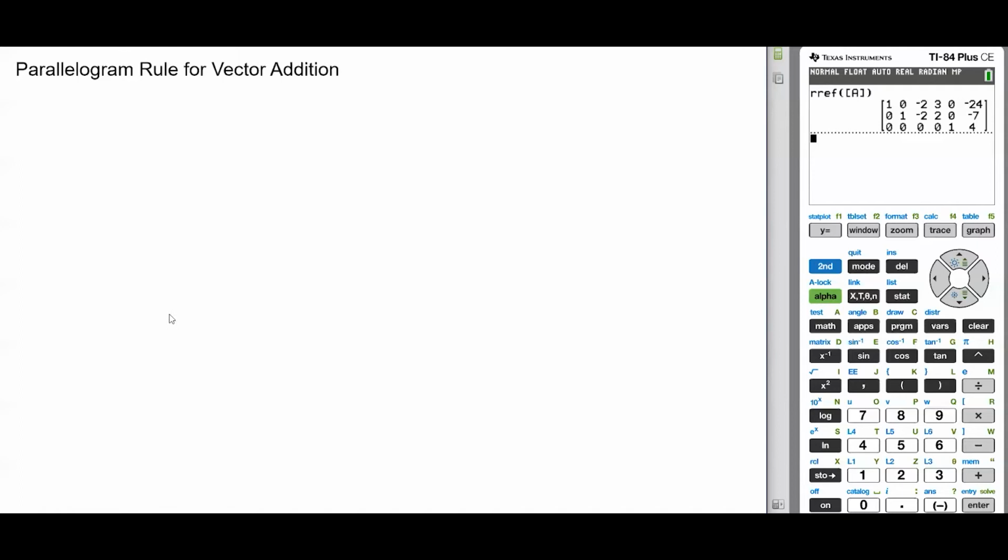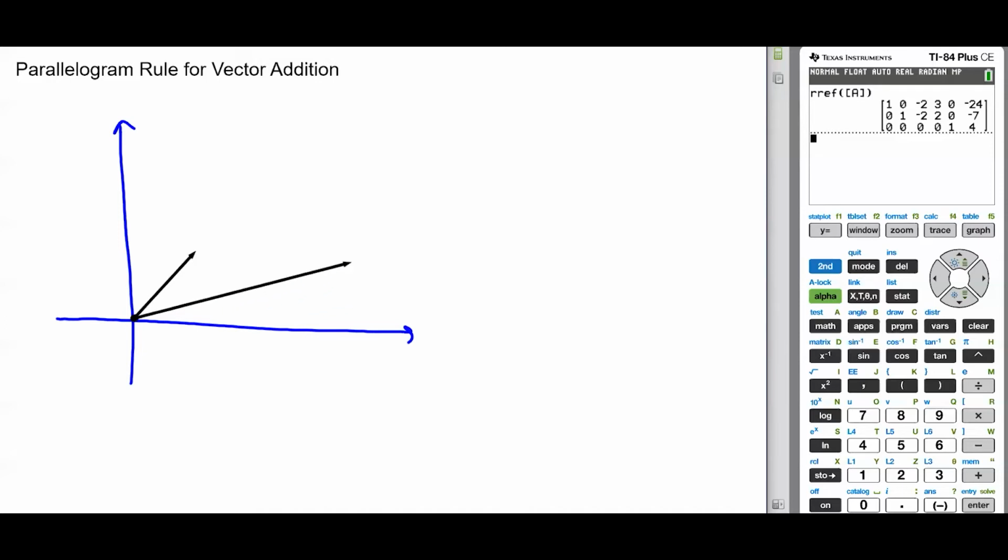And if you're in R2, we have this parallelogram rule for vector addition. Just as a generic example, if I've got this vector and I'm going to add this vector, call this u, call this v.